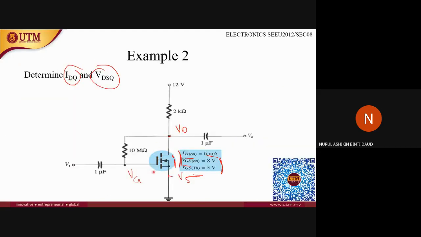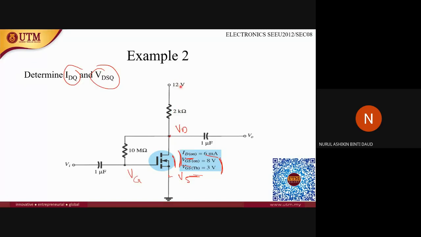When VGS equals 0, it means that there is no potential drop here, so VDD is equal to the potential drop across this resistor.